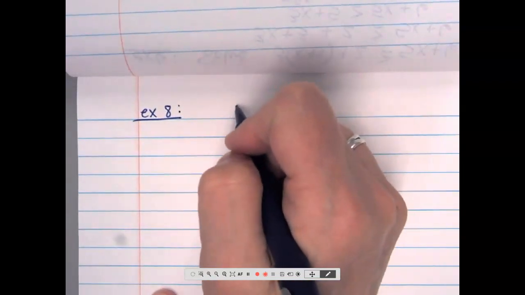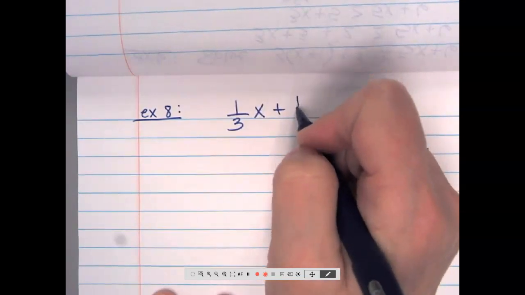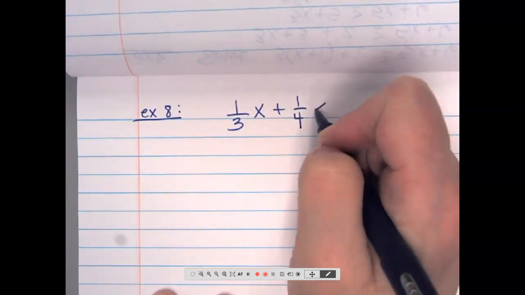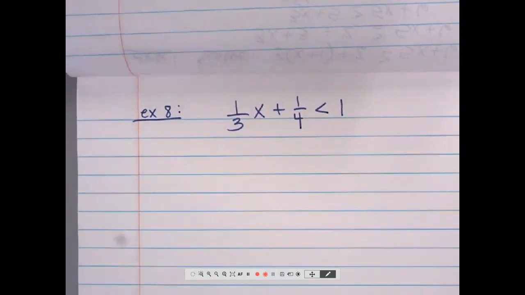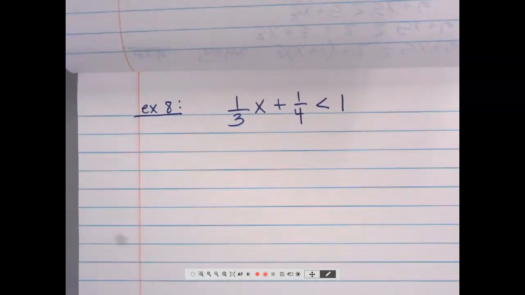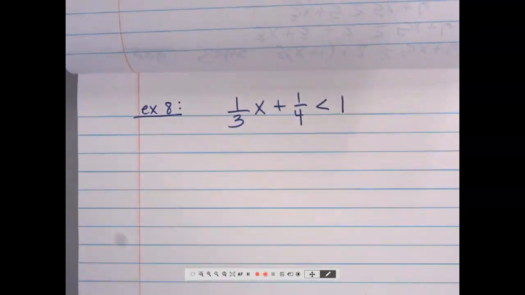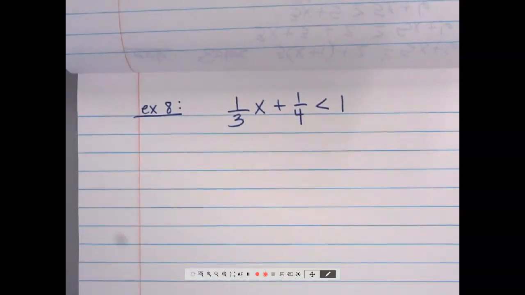Okay, 1/3 x plus 1/4 is less than 1. 12 is definitely the common multiple. Let me say this though. There are 2 ways I can start this one. One is to multiply by 12. Do you see another way that I might start this one that I didn't on the others?